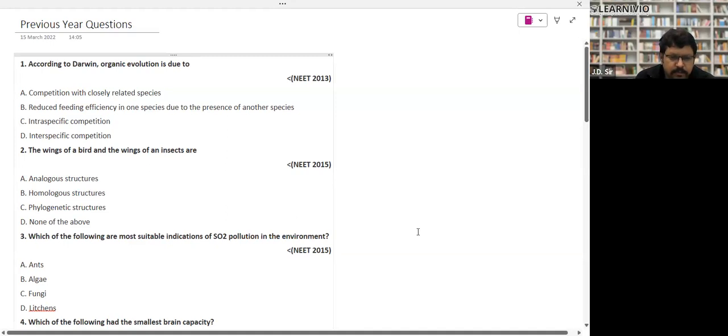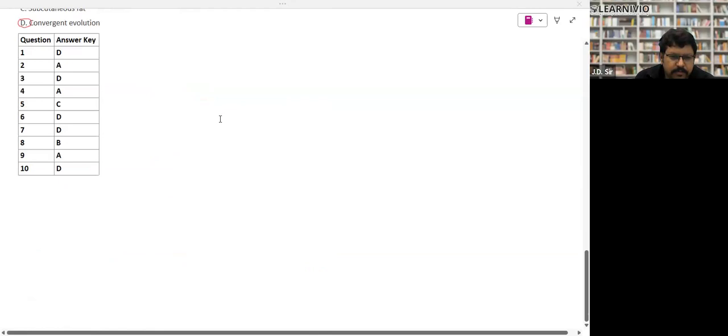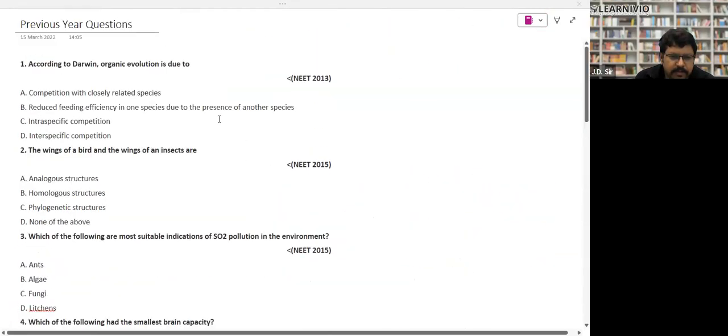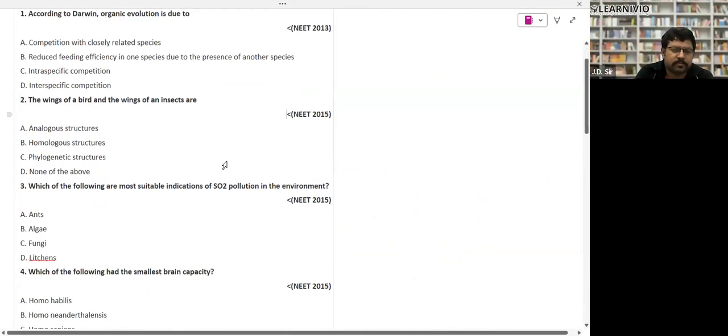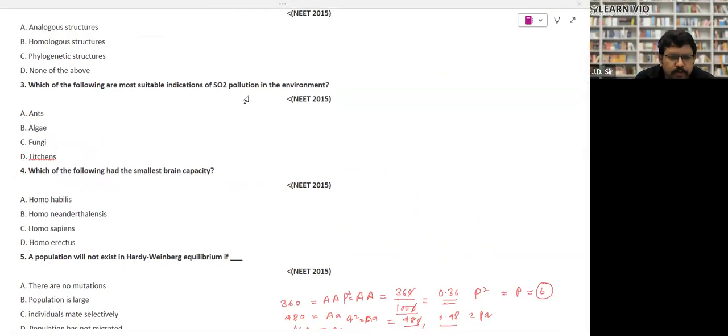D. Let's think. Yes, very good. D is the answer. Then the wings of birds and wings of insects are, this is easy. A. Very good. Analogous.